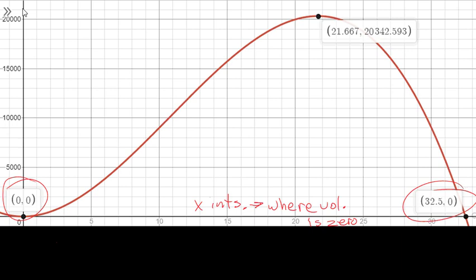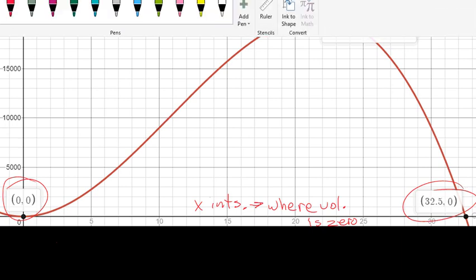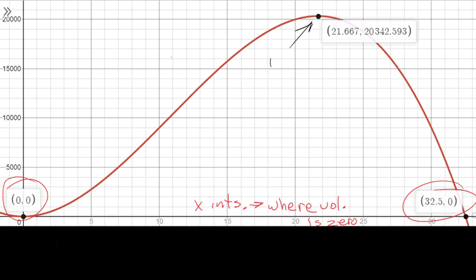And here is our maximum. It's not our absolute maximum, it's our relative maximum, and we'll talk about that later. It's where our maximum volume is at a width of 21.67 inches, just like we talked about.